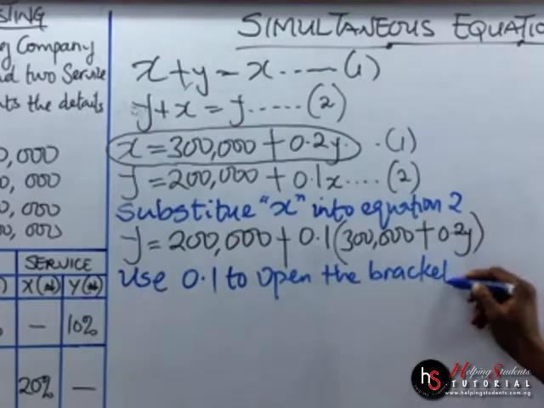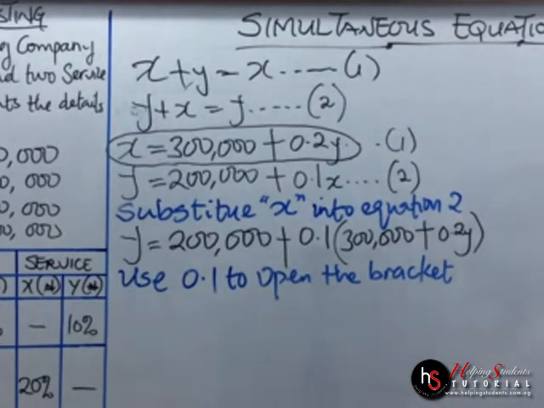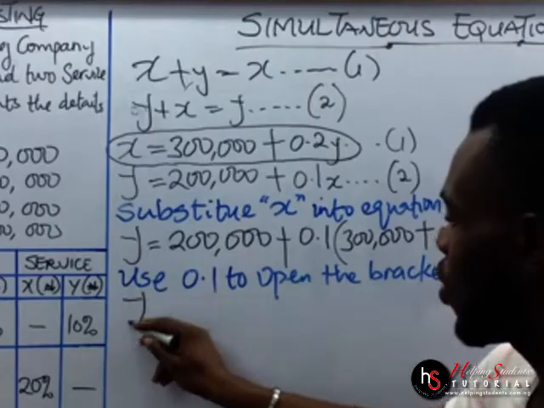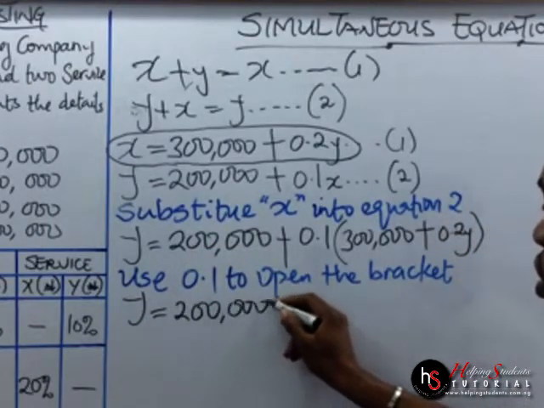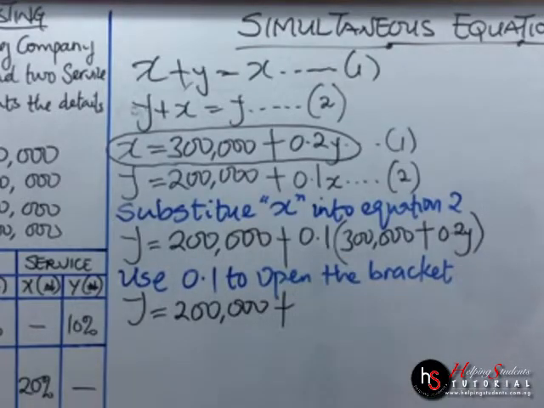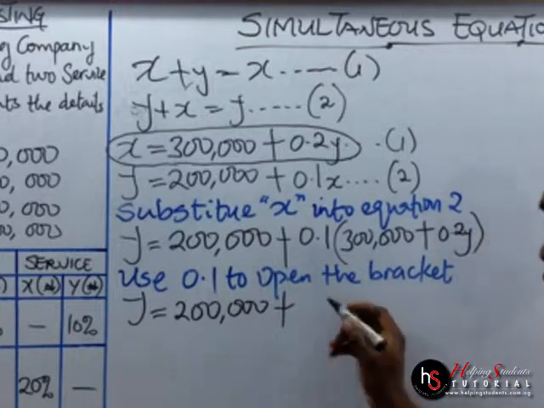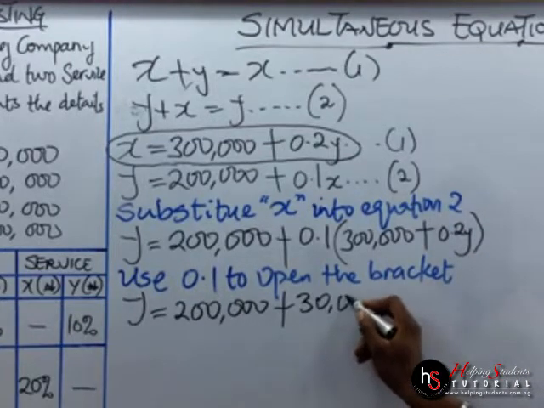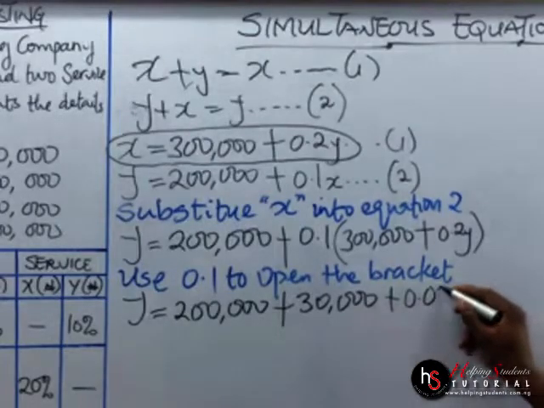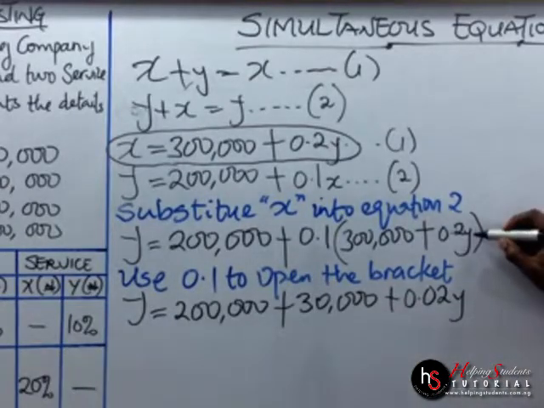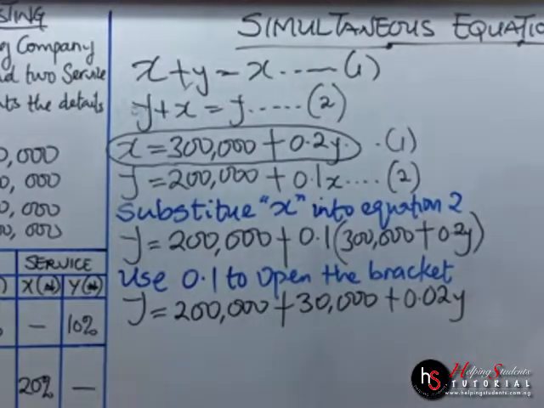What we're going to have here, we say y is equal to 200,000 plus 0.1 times 300,000 gives us 30,000. So we have 30,000 plus 0.1 times 0.2 gives us 0.02y. Remember, the y is still going with it. Now we've opened this bracket.